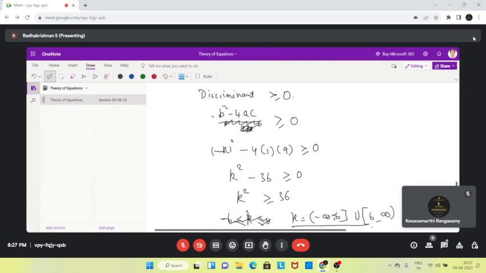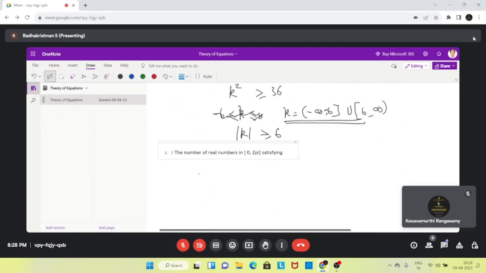So the given equation is sine to the power of 4 x minus 2 sine square x plus 1 equal to 0.